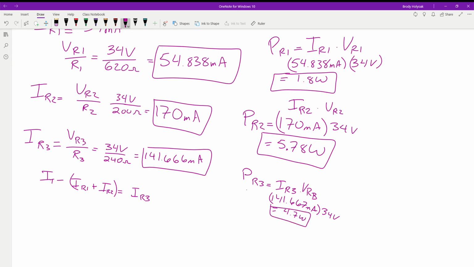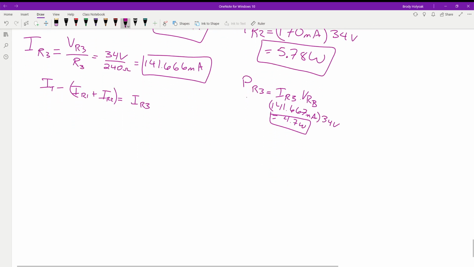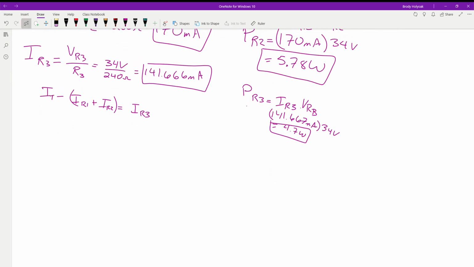Just like that, using Ohm's law, voltage multiplied by current will give us power. So 141.667 milliamps times 34 volts is 4.7 watts.